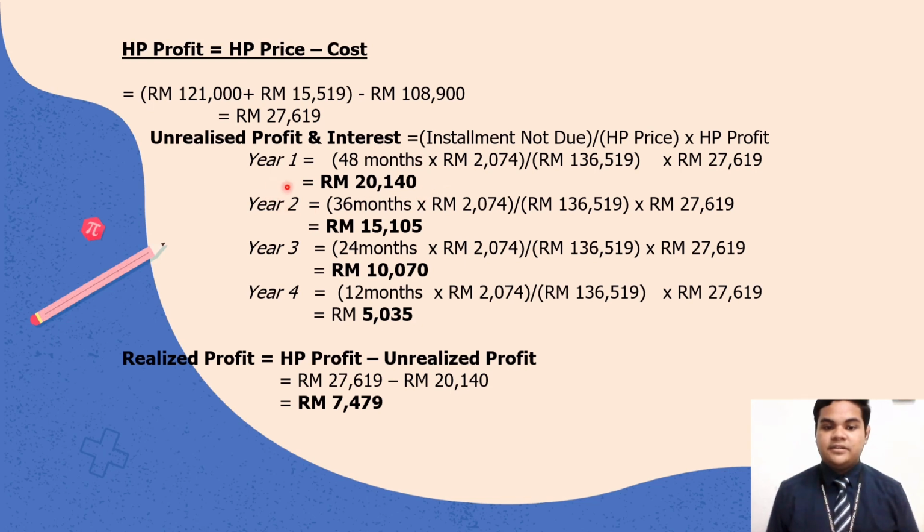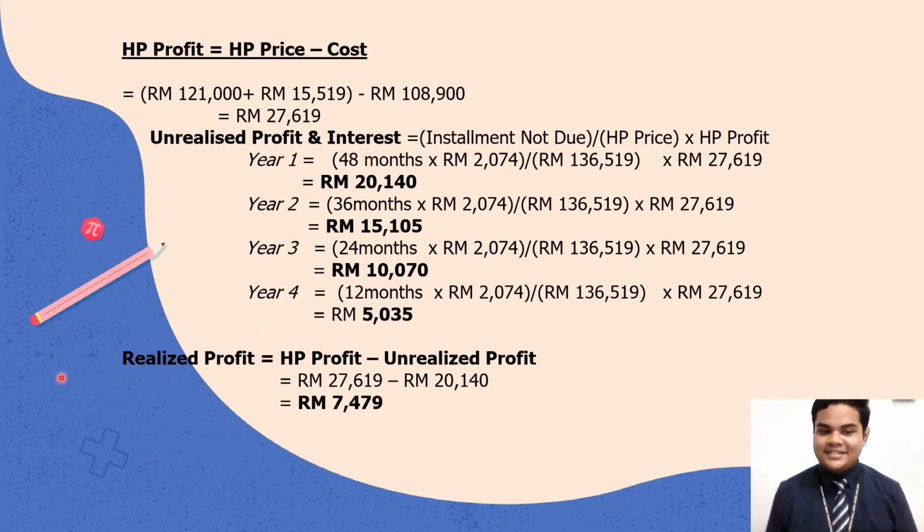For the first year, the installment not due is 48 months times 2,074 ringgit as the installment per month, divided by the hire purchase price and times hire purchase profit. Then we get 20,140 ringgit. At the end of the 4th year, we still use the same formula and we get 5,035 ringgit.